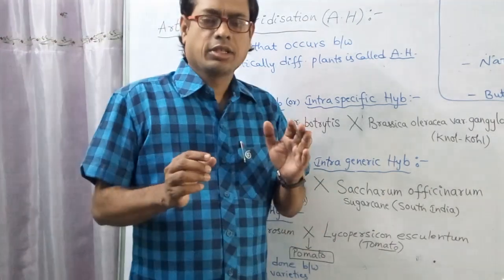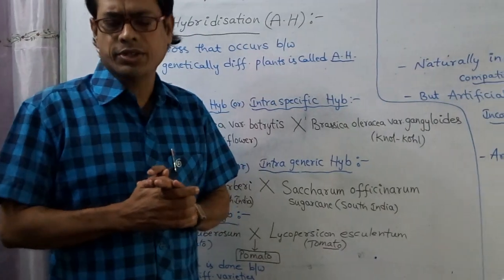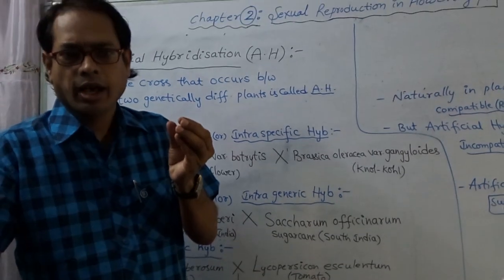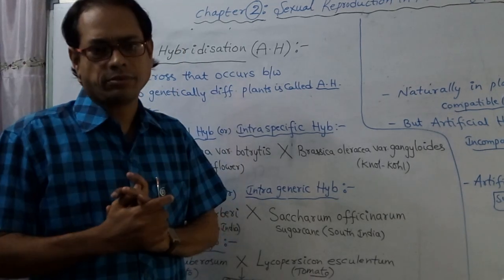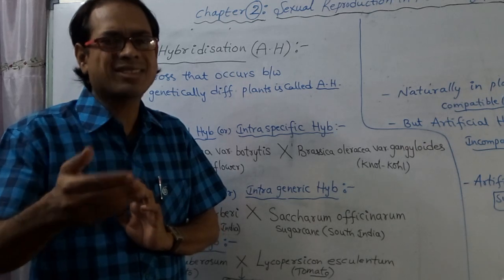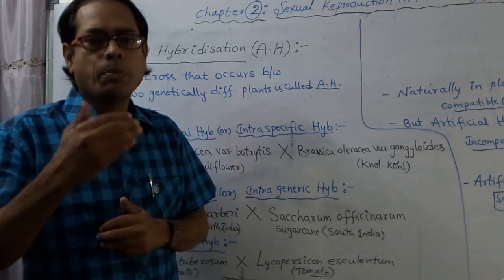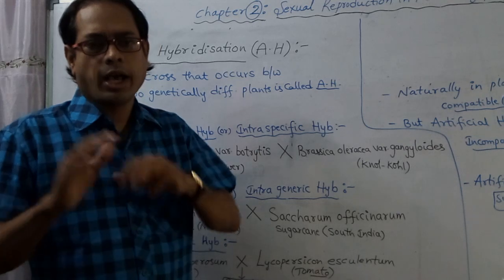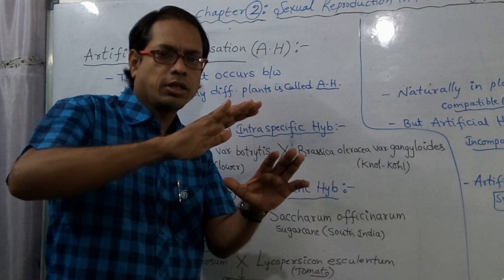And in yesterday's class, we discussed pollen-pistil interaction. That means if pollen grains of hibiscus fall on hibiscus stigma, then they will germinate. That is called compatible type. Compatible means right type. Incompatible means wrong type. Hibiscus pollen grain falling on hibiscus stigma will germinate.